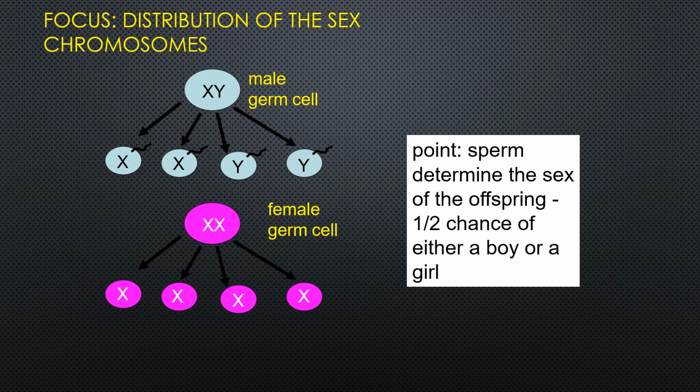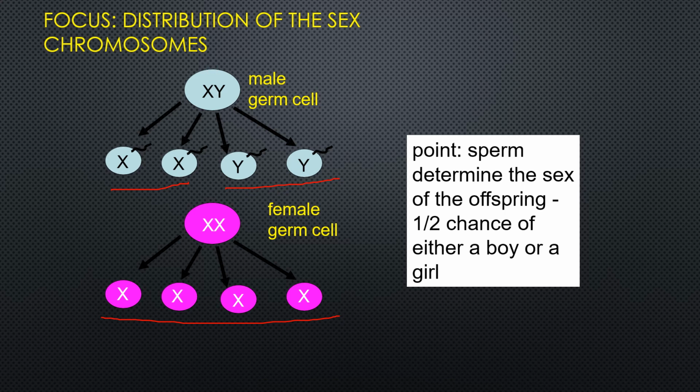So when we divide those by meiosis, in our males, we'll have, percentage-wise, 2 sperm carrying X chromosomes and 2 sperm carrying Y chromosomes, whereas all the egg cells are going to carry just the X chromosomes.